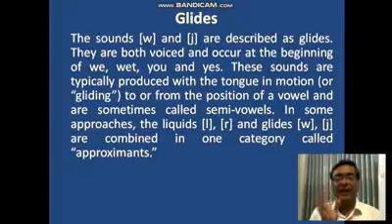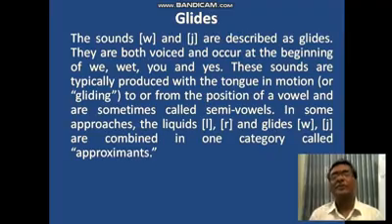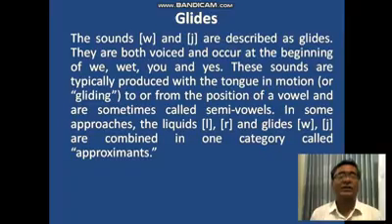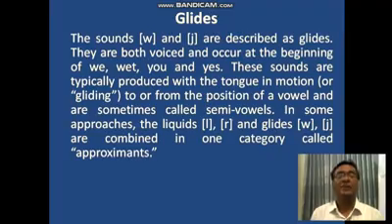Glides form from the position of a vowel and are sometimes called semi-vowels. When we produce sounds like we, wet, you, and yes, our tongue remains almost in the position of forming vowel sounds. When we discuss vowel sounds, we will discuss how they are produced. The tongue has a different position while creating vowel sounds, and another type of position when creating consonant sounds.